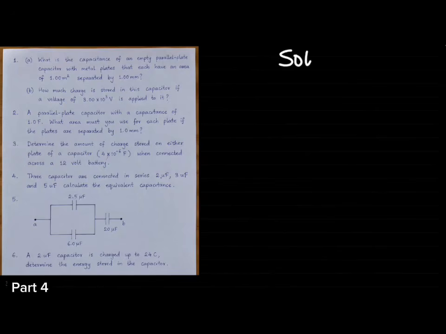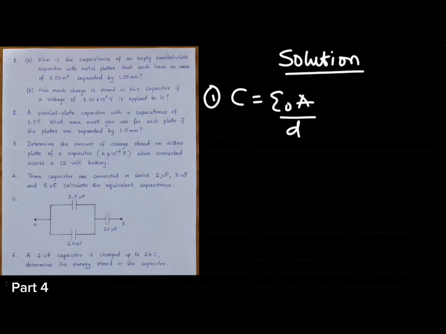Solution. Parallel plate capacitor is given as C is equal to E naught A divided by D. Therefore, our E naught is a constant, which is 8.85 times 10 raised to the power minus 12, the permittivity of free space.